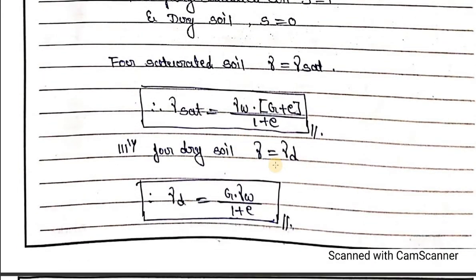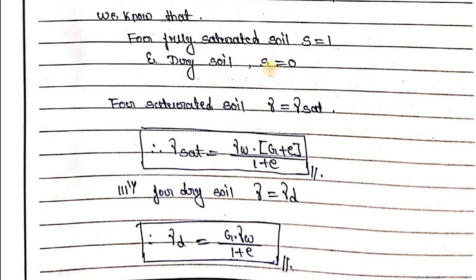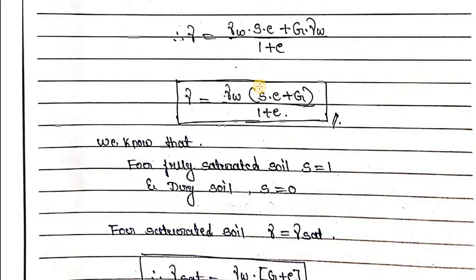Further, if the soil is fully dry, there are two cases: when S is equal to 1 and when S is equal to 0. What is S? S is the degree of saturation. When S is equal to 0, this entire term vanishes.